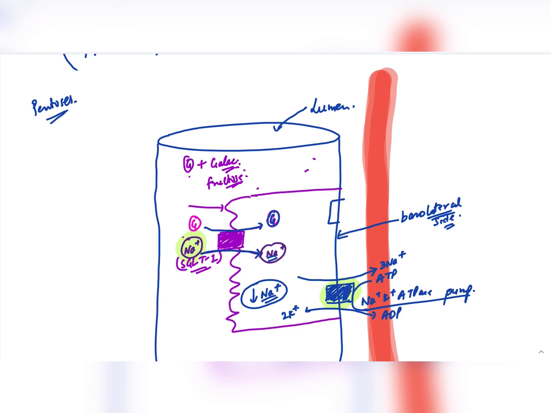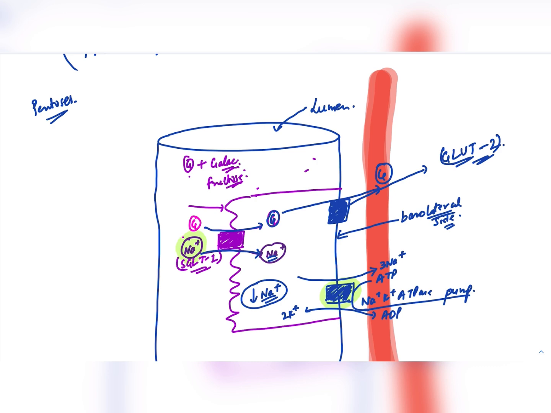These are glucose transporters. In the intestinal cell, we have GLUT2. With the help of this GLUT2, the glucose travels from the intestinal epithelial cell into the capillaries, and after entering the capillaries, it is distributed through the portal vein to the whole body. So that is how glucose is absorbed.